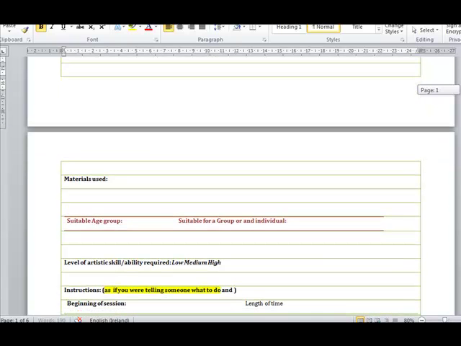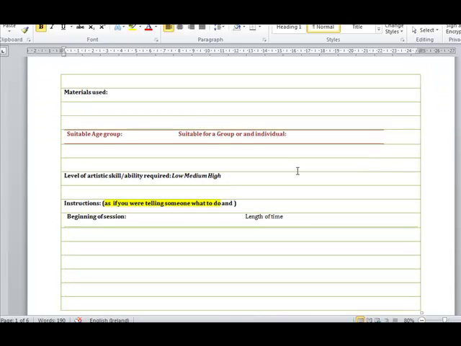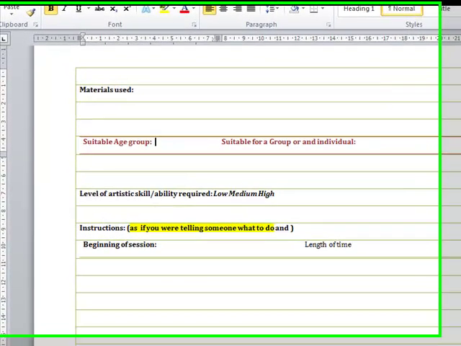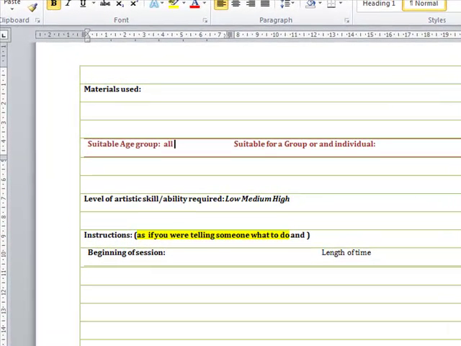Materials used, those are the actual materials that you've used, so paper, pens, that kind of thing. So within this then, suitable for what age group? So we would say pretty much from all groups up, all age groups, adapted.